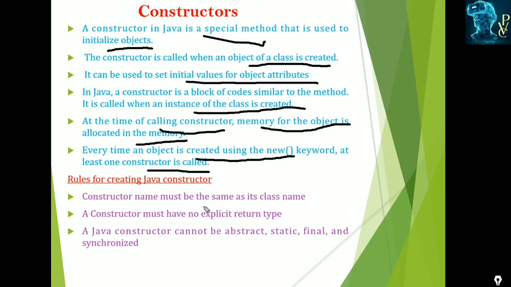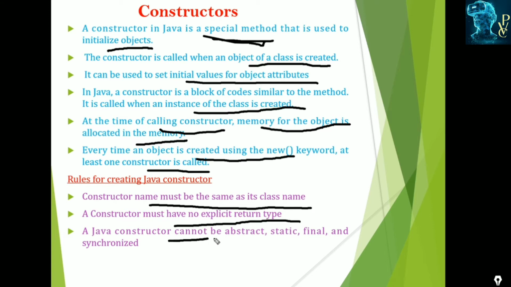A constructor is the same as a method, and we call it a special method. Why do we call it a special method? A constructor's name must be the same as its class name. And a constructor must have no explicit return type; it does not return any value to the calling statement.